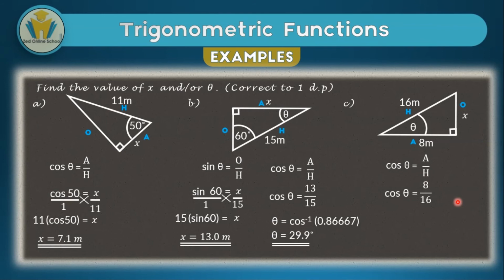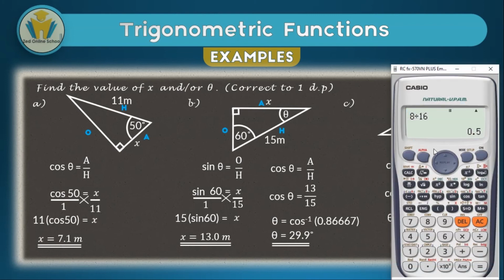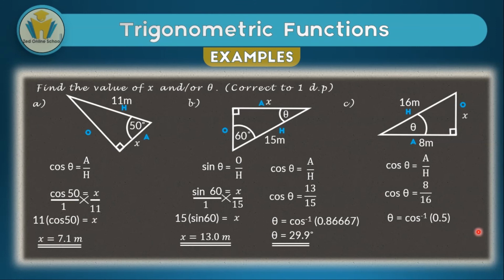And so theta will be equal to cosine inverse multiplied by 0.5. This answer is short, so even if we type it on the calculator, it won't be so long. So cosine inverse multiplied by 0.5, which gives us 60. As you can see, this answer is more accurate than the one we had.